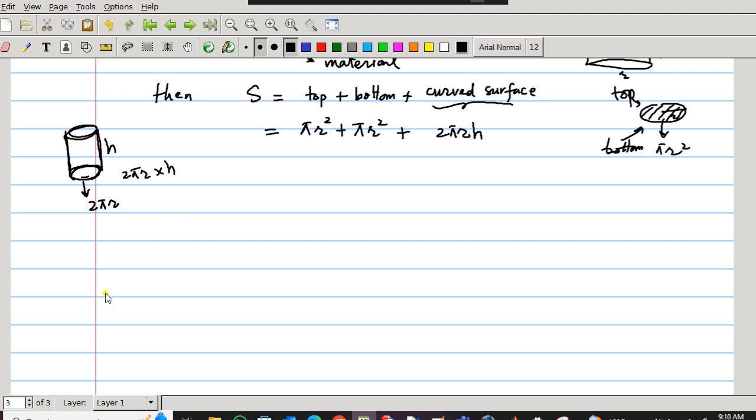If you multiply this inside area pi r square by the height, it will give you everything which is inside. So pi r square h gives you the volume inside, because you took the inside portion of the circle and multiplied by the height.